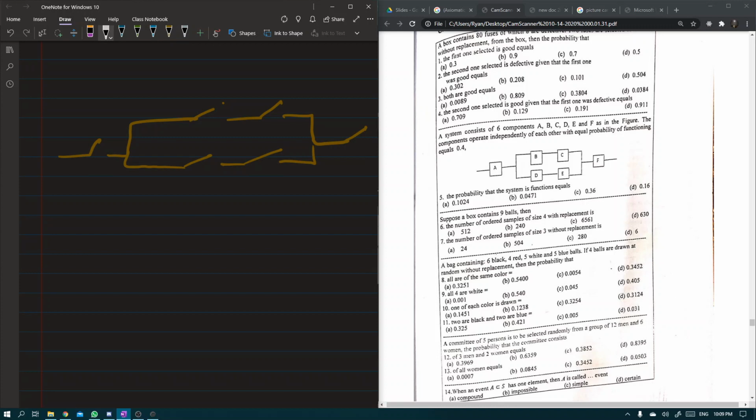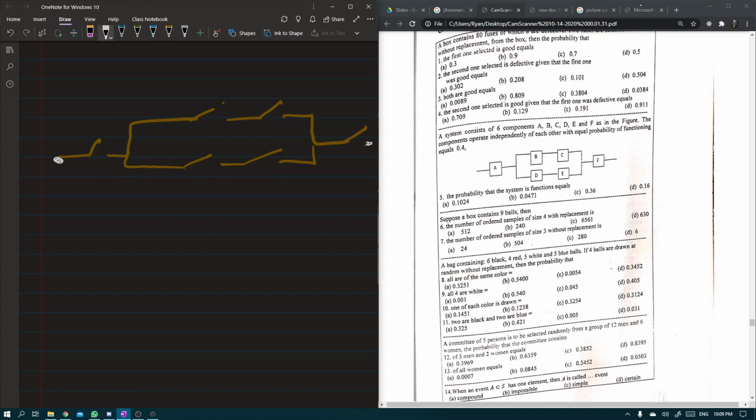Now there needs to be a complete circuit from A to B, from this point to this point. So it could go like this, and the circuit would function, the system would function. It could go like this, and the system would function, or it could go like this, both, and the system would function.